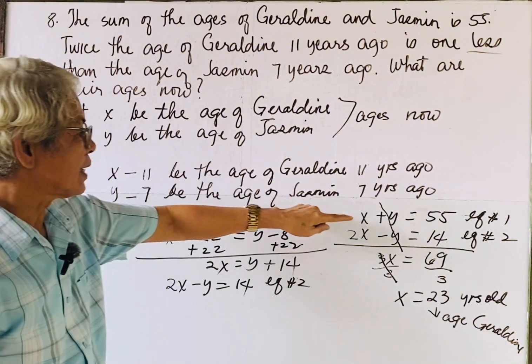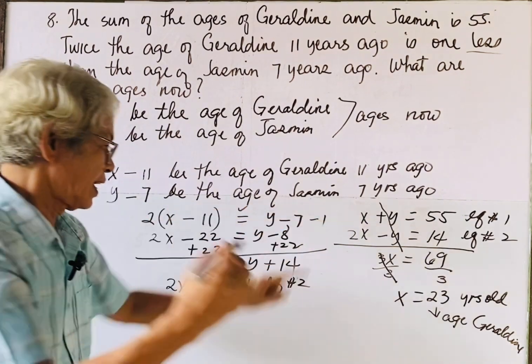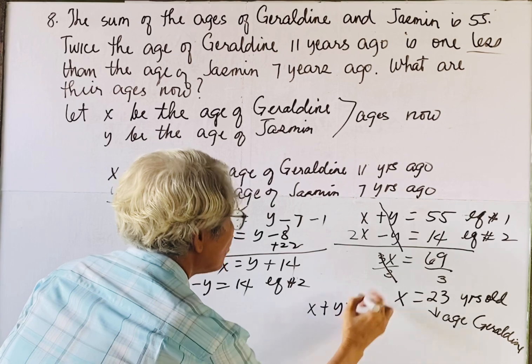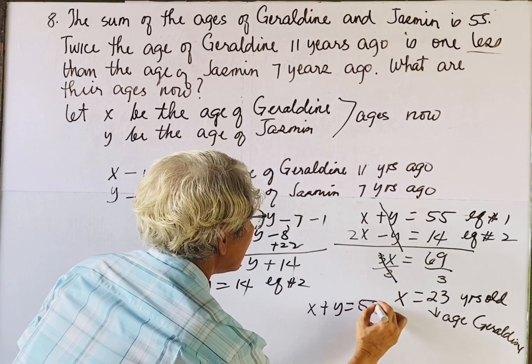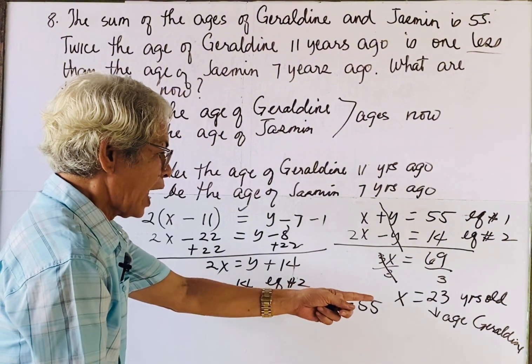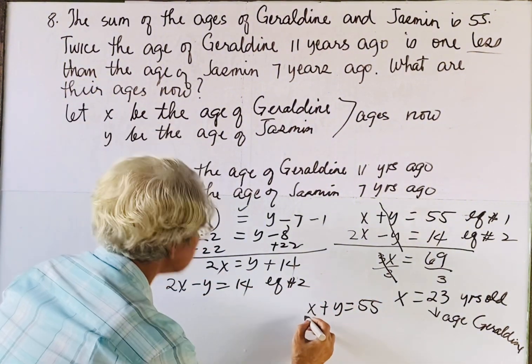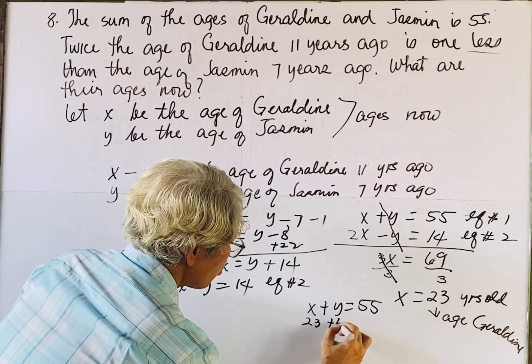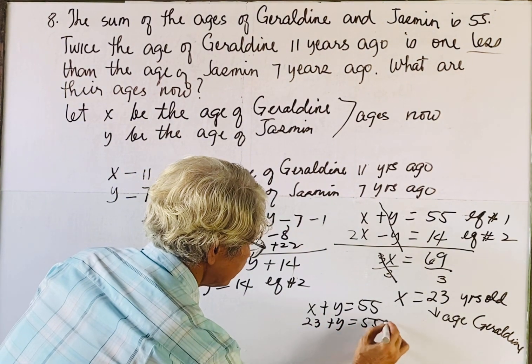Kuhanin natin yung equation number 1. That is x plus y equals 55. Ayun, 55. Kung si Geraldine ay 23, okay, 23 plus y equals 55.